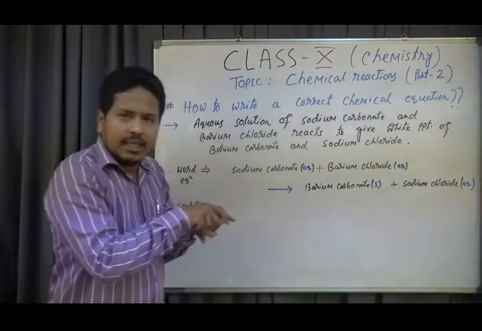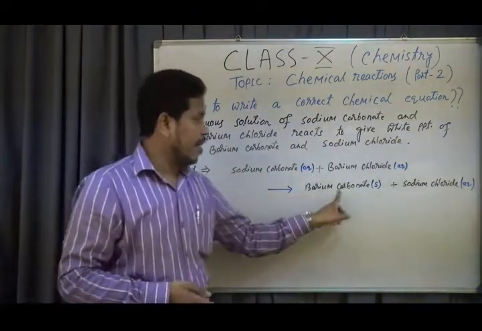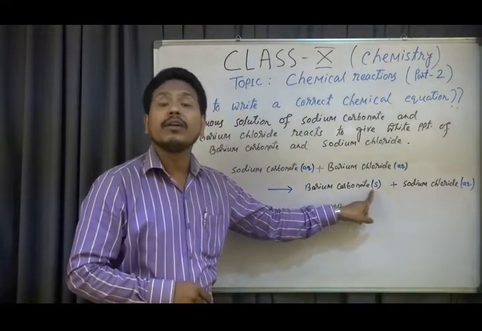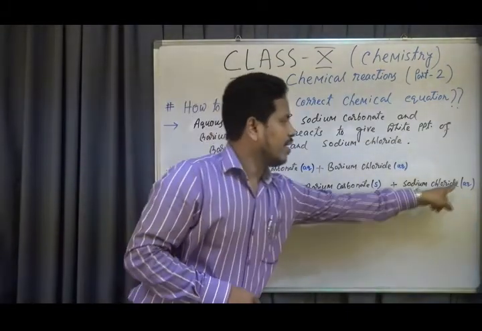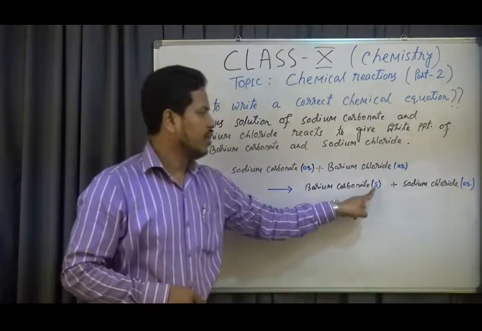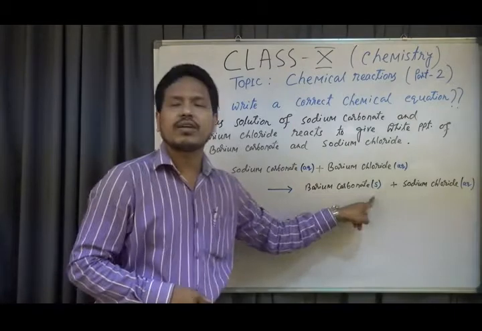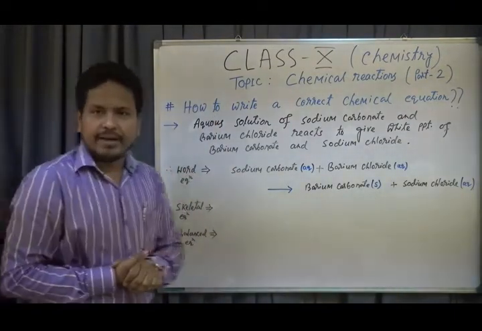When mixed together, they react to produce new substances, barium carbonate. Look at this, student. Solid. S means solid, means an insoluble solid is formed. Thereby sodium chloride aqueous. This is a soluble aqueous solution, but this is insoluble. That's why solid S is mentioned here. This indicates this product is water insoluble. So this is called a word equation, my dear students.